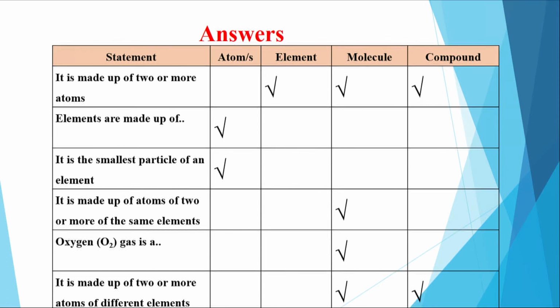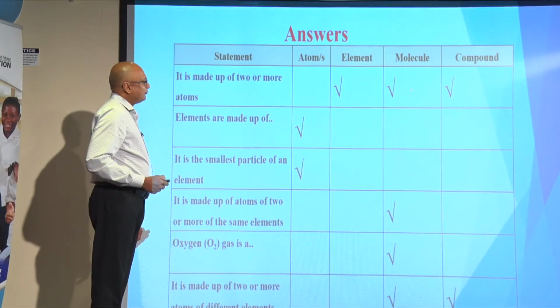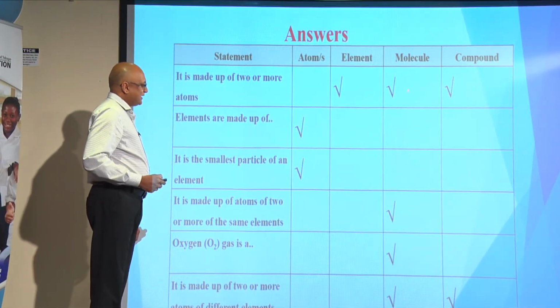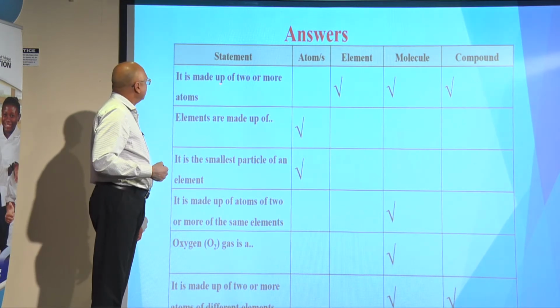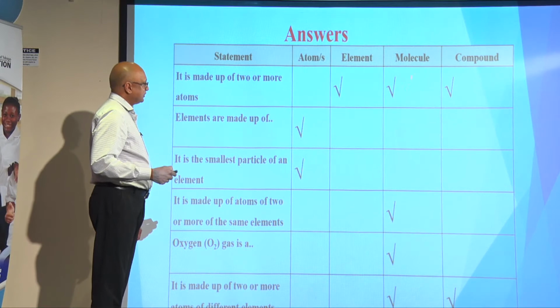So, your first statement, it is made up of two or more atoms. Elements, if you recall, are made up of the same types of atoms, so it could be that. A molecule is made up of two or more atoms, either from the same elements or different elements, so it could be a molecule.